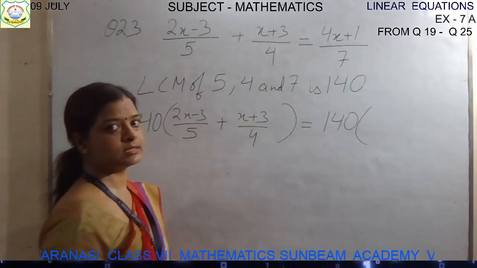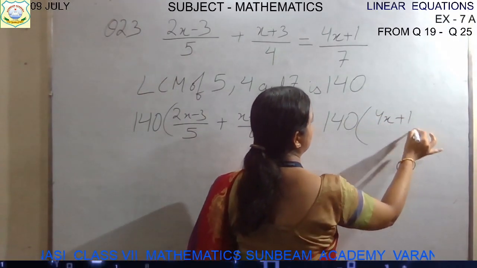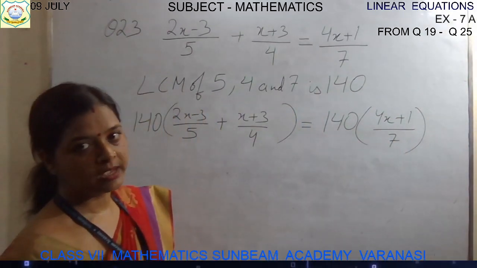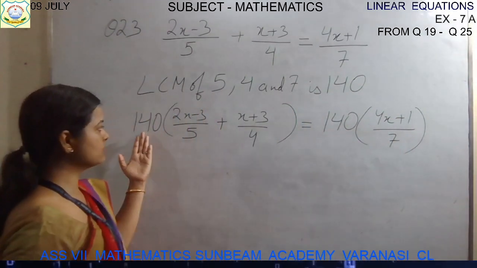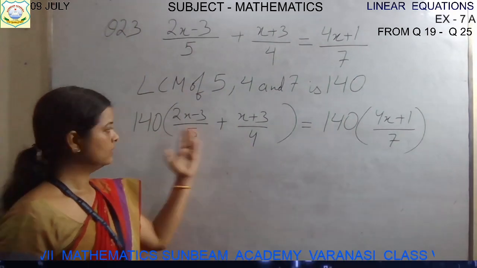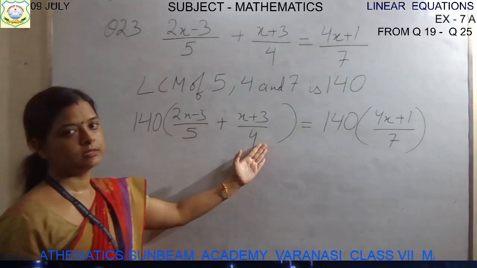And then what is on the RHS? 4x plus 1 by 7. Okay, so this we have to do. Now individually it will multiply with both the terms. 140 will multiply with this first and 140 will multiply with the second term.